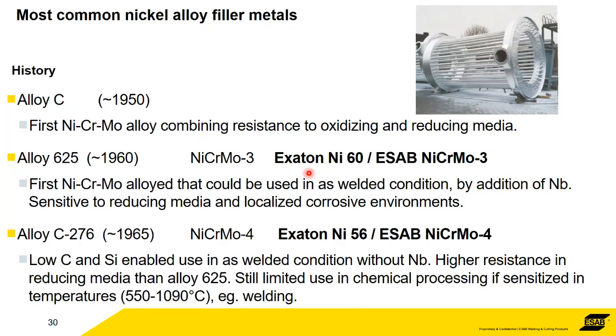It took a few years after that when nickel chrome moly 4 was produced, alloy C276. The development was that it had low carbon and silicon, so it could be welded without the use of niobium. So it was another way of producing a weldable material.